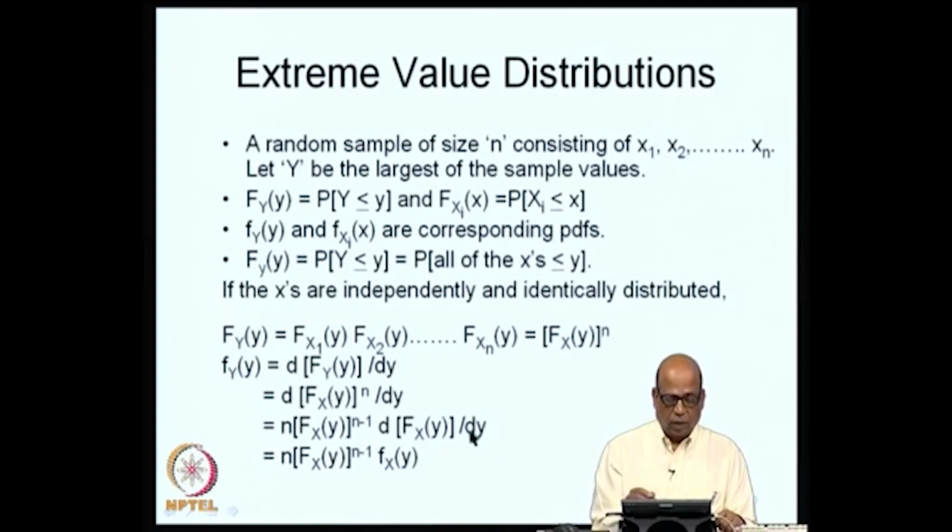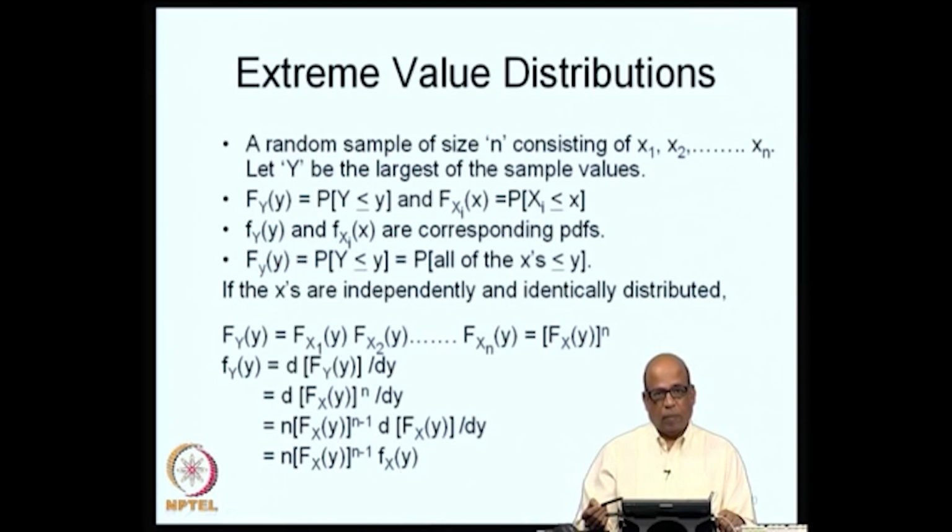What is this now? d F x of y by dy is nothing but f x of y, that is the PDF of x. So, this can be written as n F x of y to the power n minus 1 into f x of y. This again shows that the PDF of y, which is the PDF of the maximum values, is dependent on the sample size n as well as the original distribution F x from which the sample has been drawn.